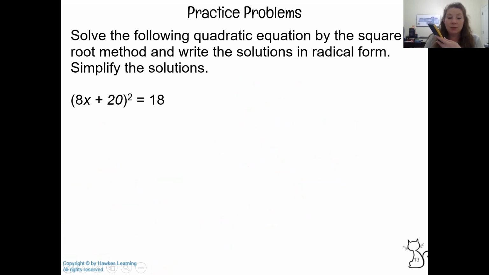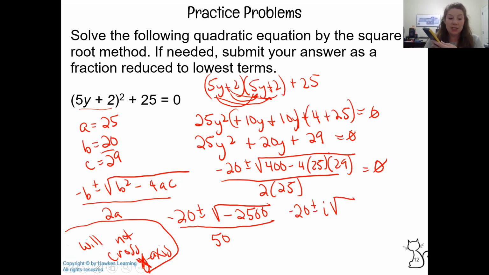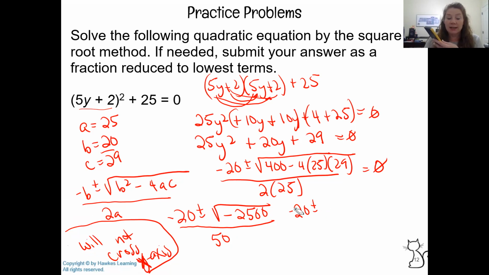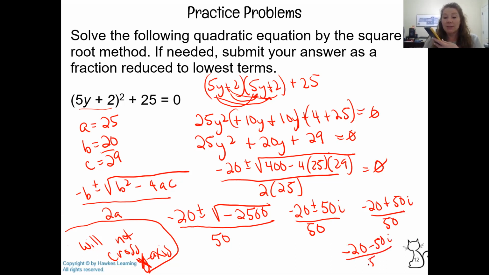So it's the square root of 2,500, which is 50. So it would be 50i. Plus 50i over 50. So we're going to do one with plus 50i over 50, and then we're going to do one with minus 50i over 50.